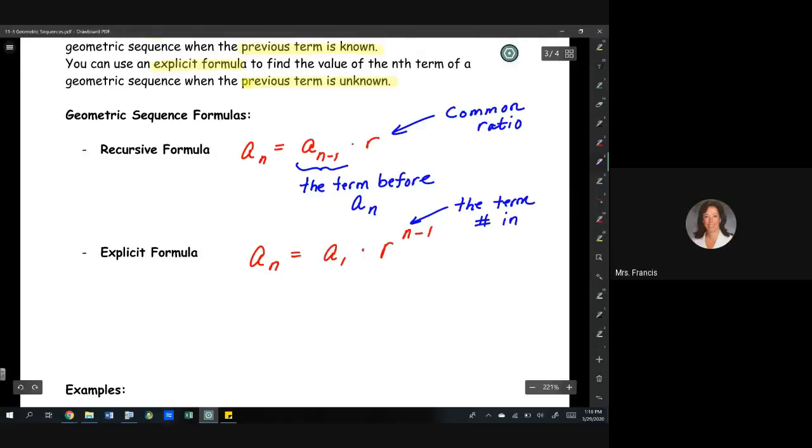And you're probably thinking, I don't know what you mean, so don't worry. I'm going to give you an example. The term number in the sequence, r is the common ratio, and a sub 1 is the value of the first term.